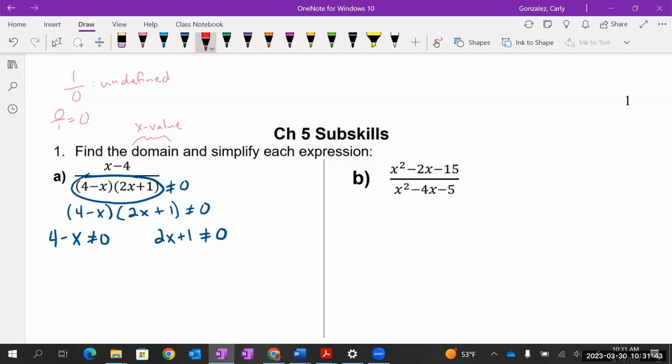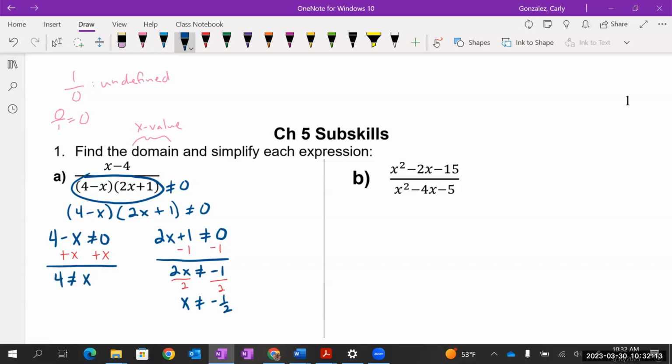Notice on the first, 4 minus x cannot equal 0, I could just add x to both sides since I had a negative x, and we just get 4 cannot equal x. On the right, first we will subtract the 1 from both sides. We get 2x cannot be negative 1, and then we will divide by 2. And so we get x cannot equal negative 1/2.